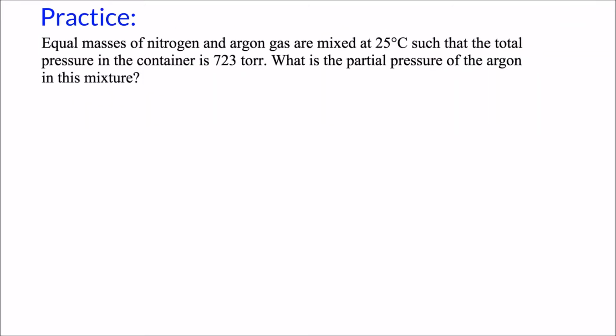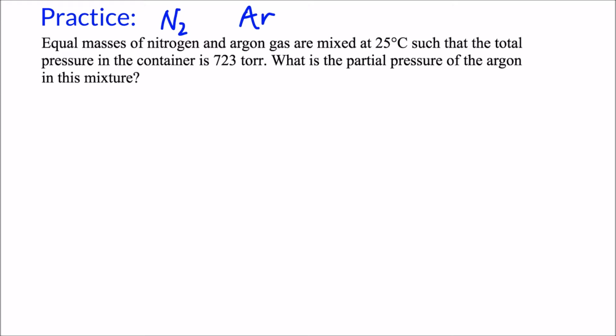Let's use our knowledge to figure out this problem. Equal masses of nitrogen, that ended in gin, that means it's diatomic, so we're going to go ahead and write that formula right there, of nitrogen and argon gas are mixed at 25 degrees Celsius such that the total pressure in the container is 723 torr.